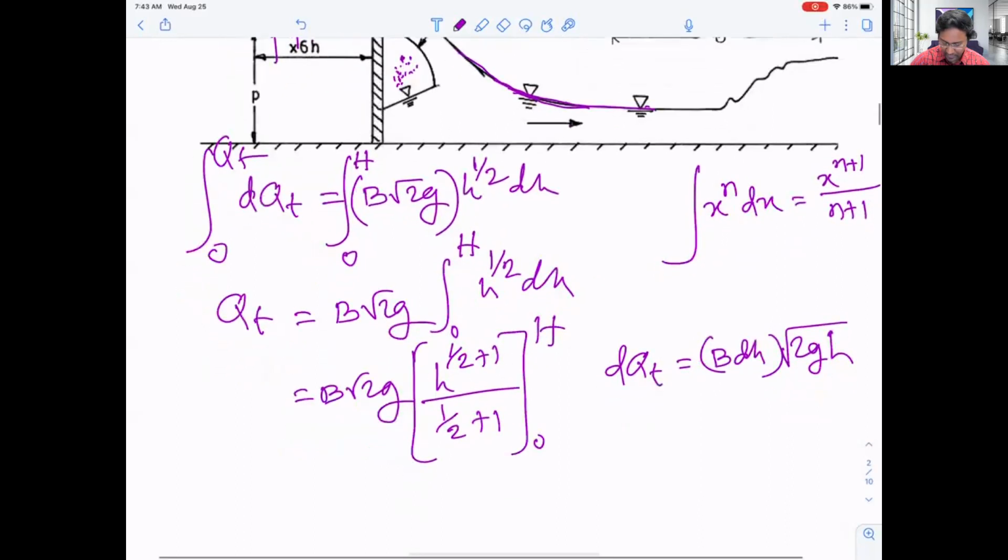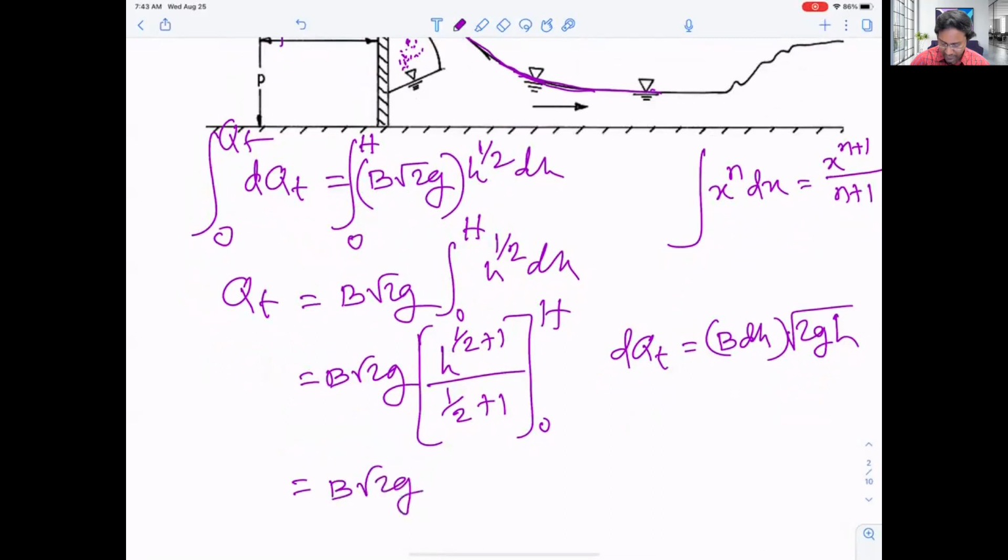Then B root over 2g, and what will happen?